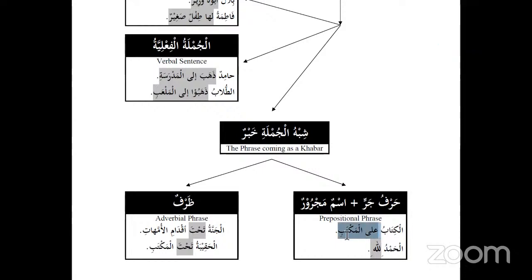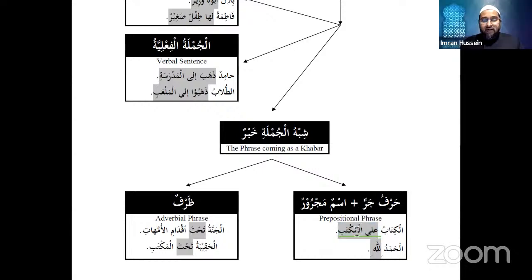On the desk is a noun in the genitive case, majroor. Ala is a preposition, and al-maktabi gives a kasra to the word al-maktab. This is the second type of khabar, and in English this is called a prepositional phrase.